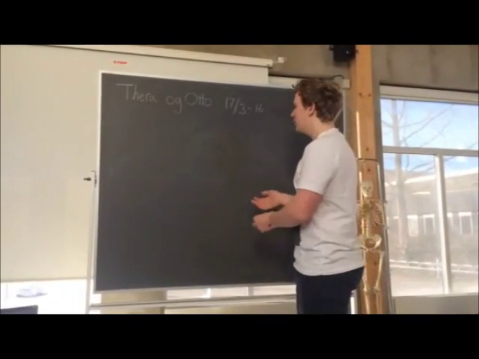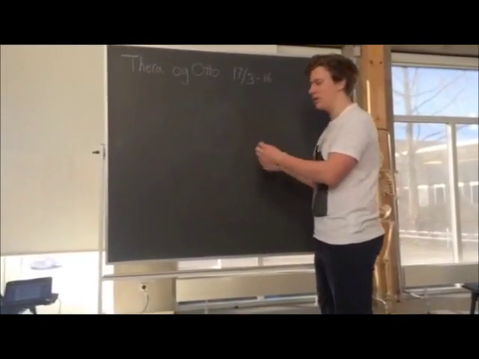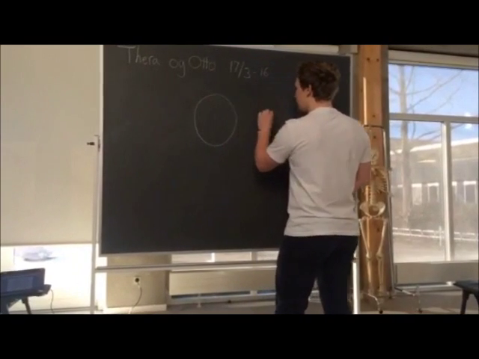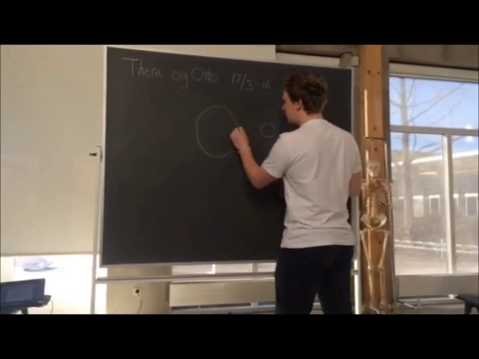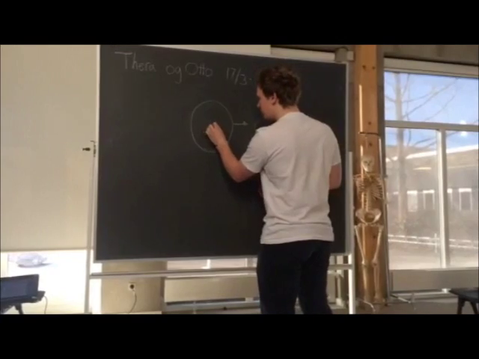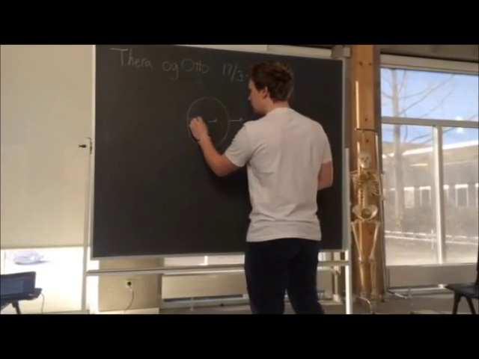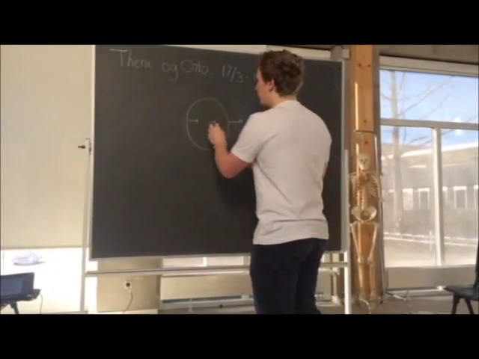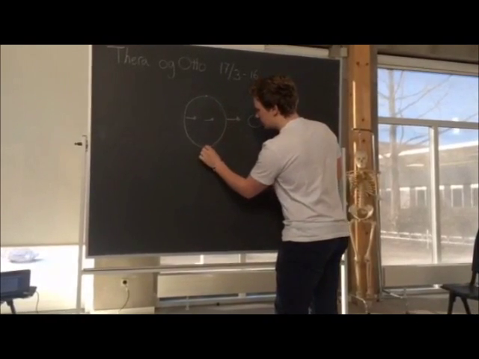Alright, now we've talked about pulling and stretching. So we have the Earth here and the moon here, and we've talked about this point being pulled towards the moon, and this point being pulled towards the moon, and this one as well. But now we're going to talk about these points being pulled towards the moon.